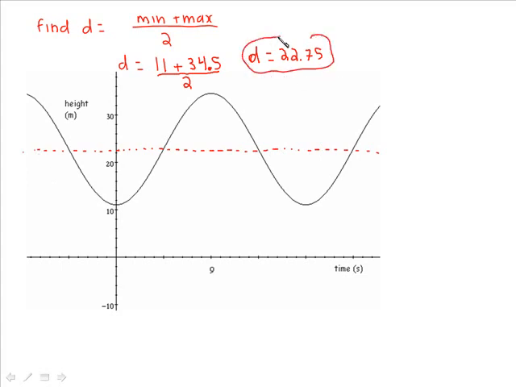So there's D. Now the amplitude can be found a number of ways. A lot of people will just take that D value and subtract it from the max. But you can do it the more formal method, which is max minus min, and then divide that by 2, and that will work also.